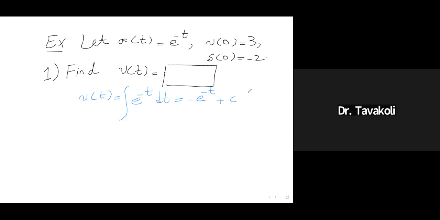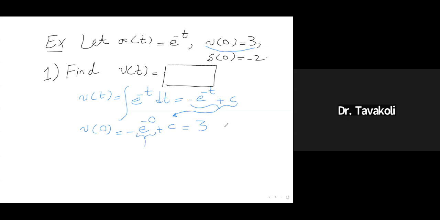So with the other piece of information, v of 0 equals 3, can you find out what this constant c is? I know that v at 0 means minus e to the power of minus 0 plus c. This equals 3. So I use the equation of v of t to calculate v at 0. e to the power of 0 is 1.